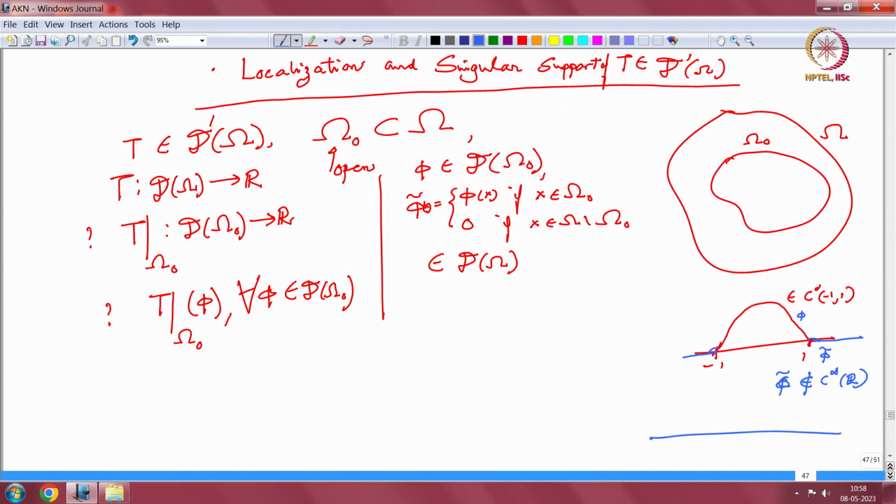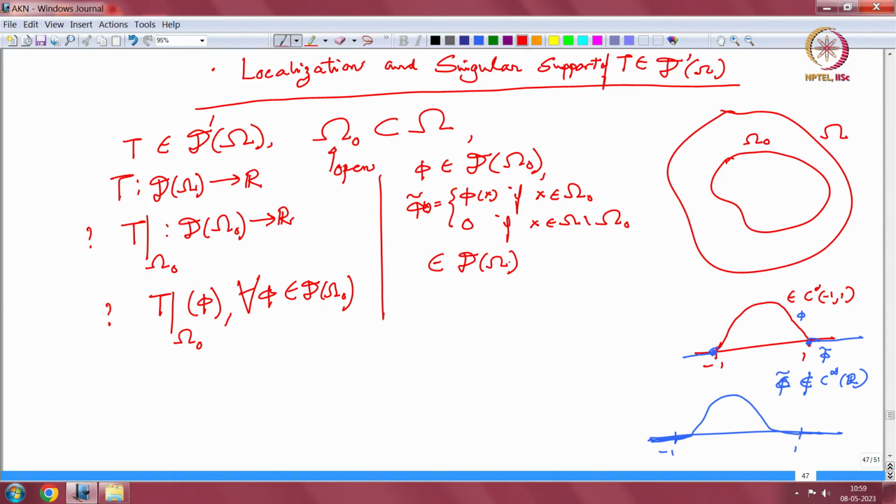But when you have a compactly supported function on minus 1 to 1, it will not create any trouble at the boundary. You see, the trouble is at the boundary. You may not have the smoothness by extension; you can have many wave functions, discontinuity also. So this is very important to observe.